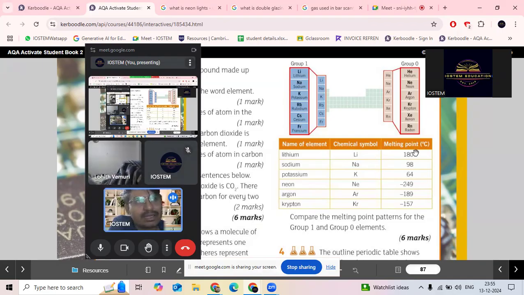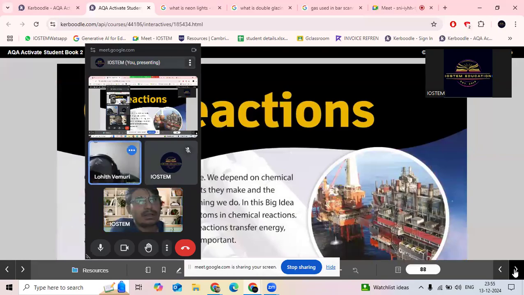You can simply tell that it is decreasing for one group, but here it is increasing. You don't have to remember the values, but you have to write all the values on one side for group 1, and on the other side for the group 0 elements. So that's it, I think.